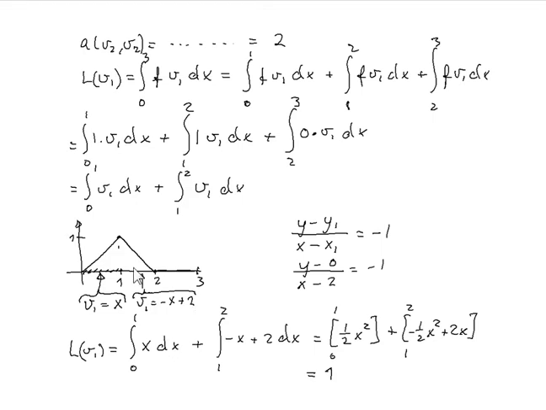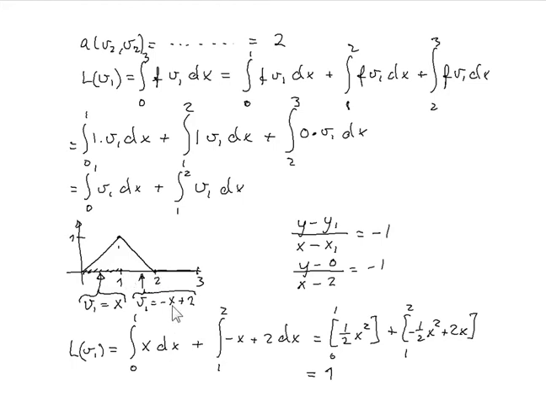How is this the case? Just check it. You know that to find the equation for a straight line is really trivial, and you can do it as an exercise, but it will be v1 is equal to minus x plus 2 in this interval.